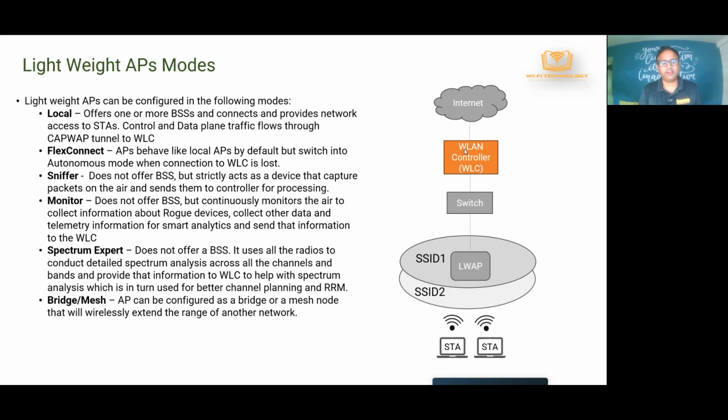It will act like an autonomous AP because it lost connection to the controller, and it would still provide internet access to the devices in autonomous mode. Once the controller and the switches and everything come back up, it can go back into the standard local AP mode or the thin AP mode. So that's what we refer to as Flex Connect mode.